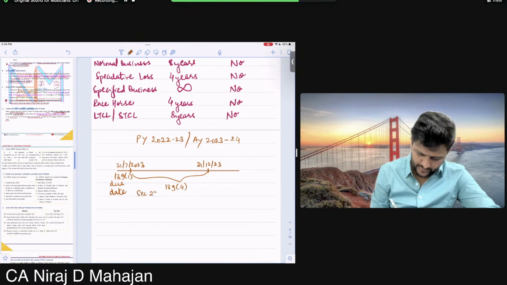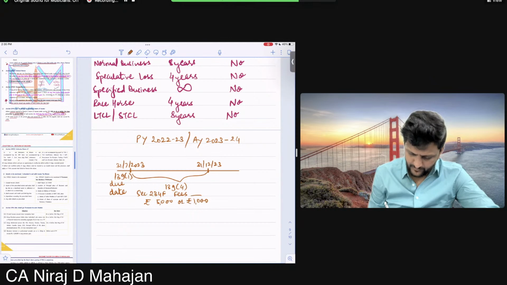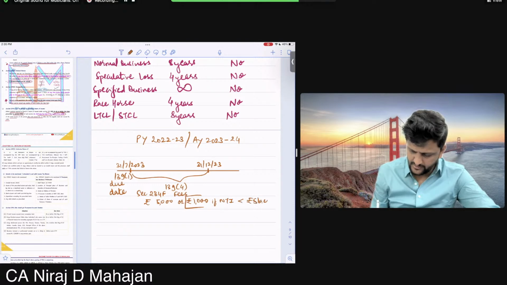Section 234F, fees. Rupees what? 5,000 or rupees 1,000. 1,000 बच्चों when? If NTI less than rupees 5 lakhs. Final year?